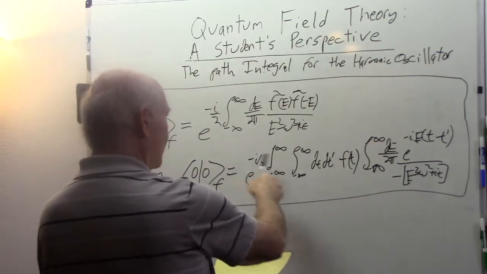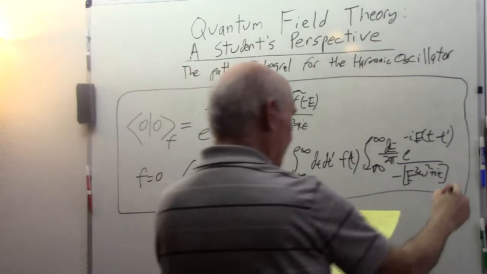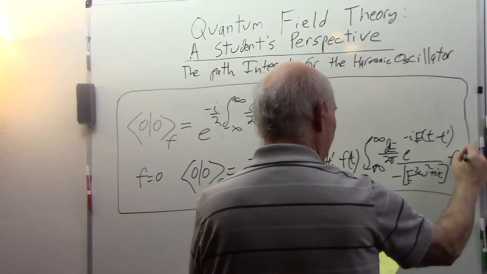This minus sign and this minus sign just cancel. I just wrote it down there. Then f of t prime.